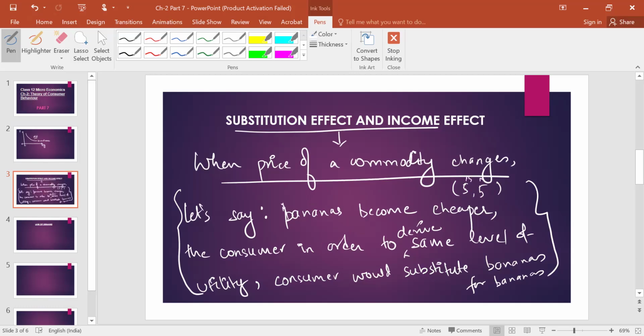Now since bananas have become cheaper, in order to derive the same level of utility, the consumer would consume more bananas, let's say 6 bananas, and he or she would consume fewer mangoes, let's say 4. I'm just taking a random example in order to derive the same level of utility. Understood? So this is the substitution effect.